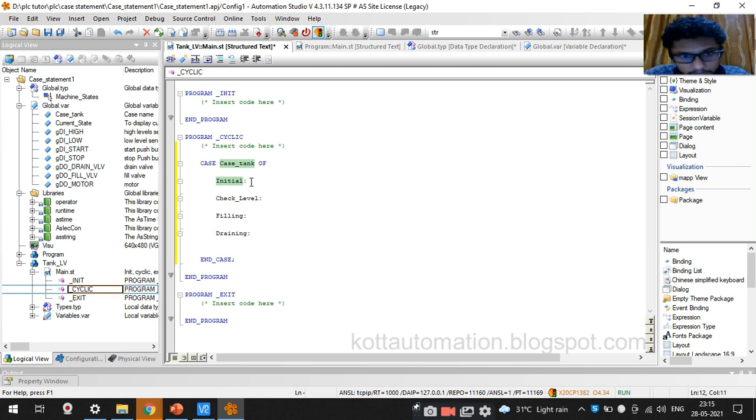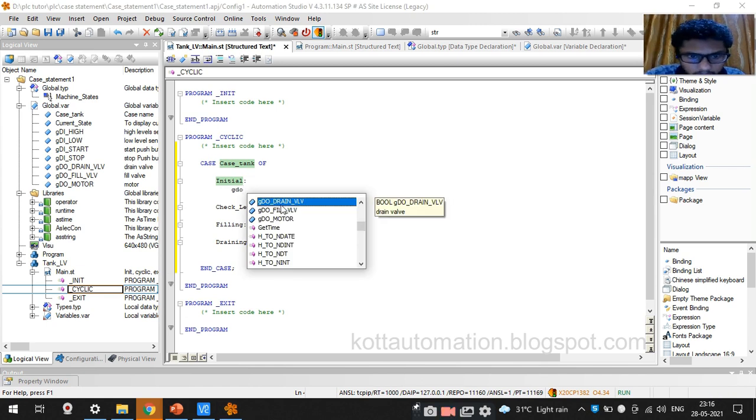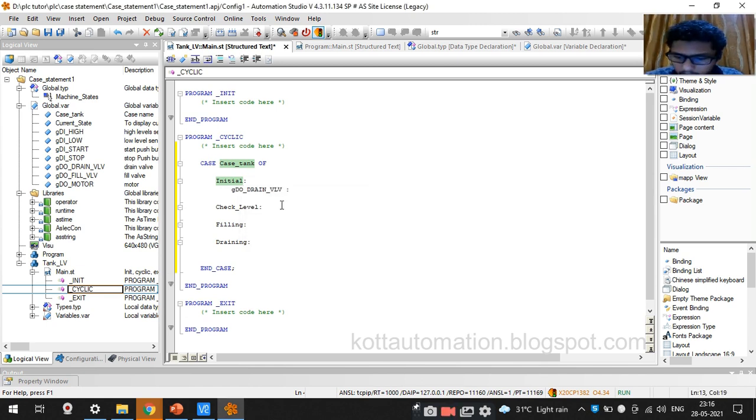Now inside these states we have to make the logic. During the initial state, all the outputs would be zero. Drain valve would be off.